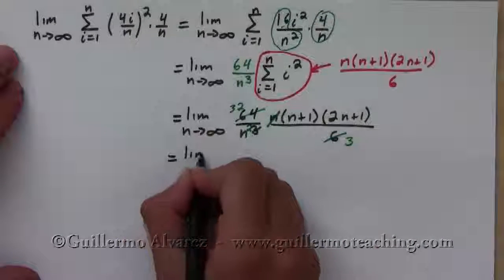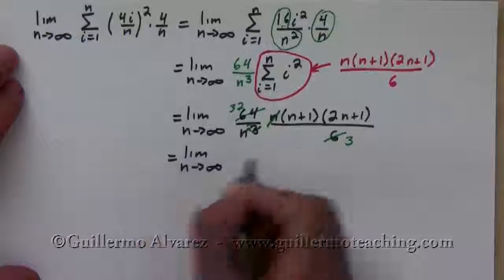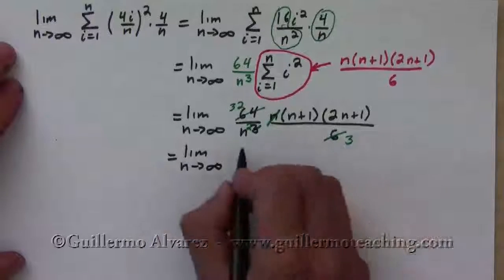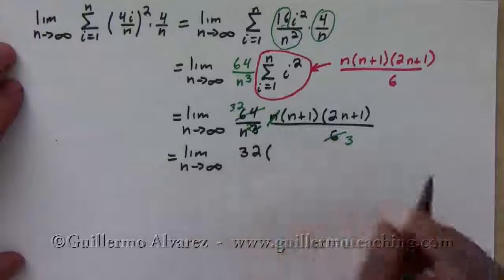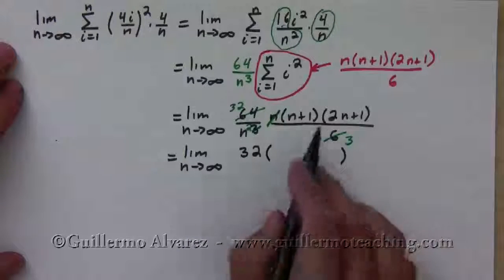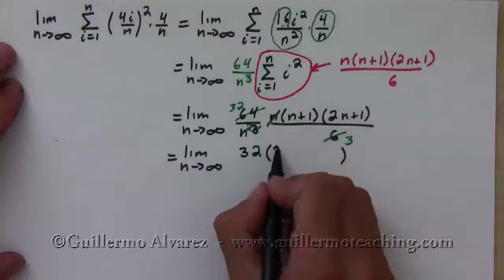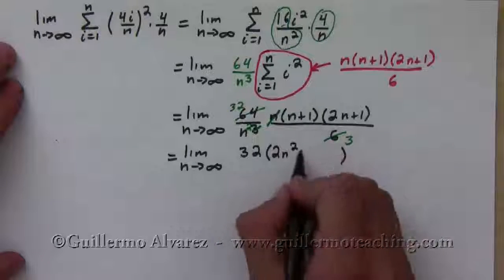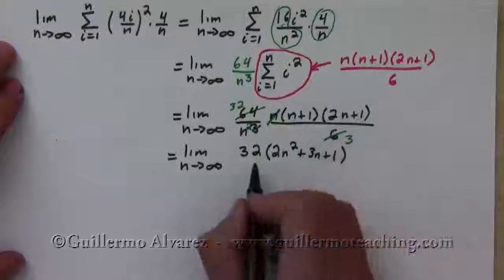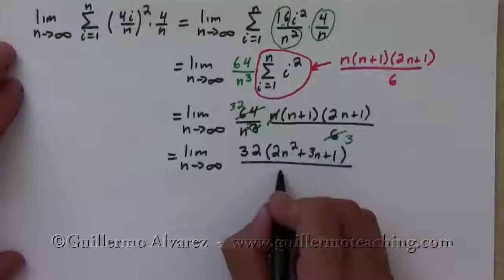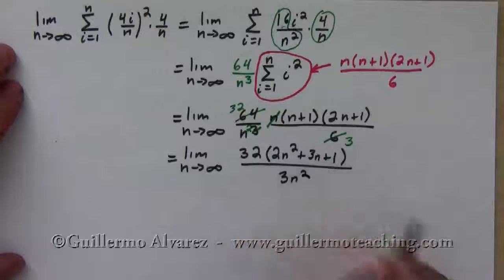So here what we have is the limit as n goes to infinity of 32, and let's just FOIL this out, 2n squared plus 3n plus 1 all over 3n squared.